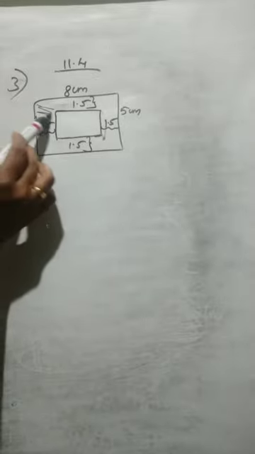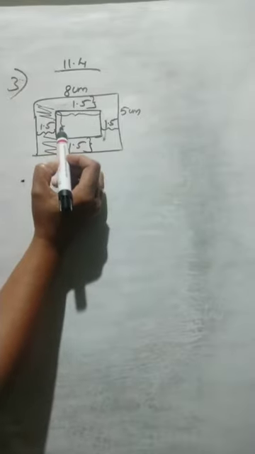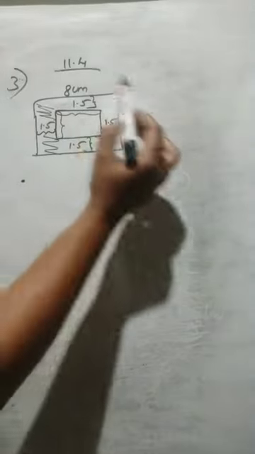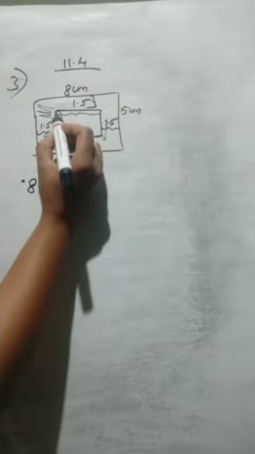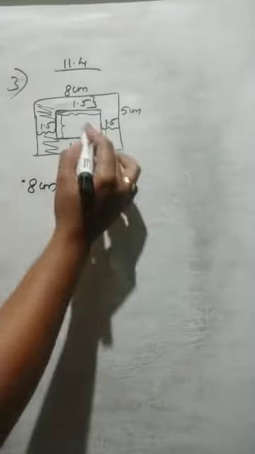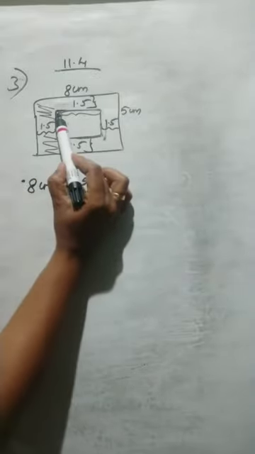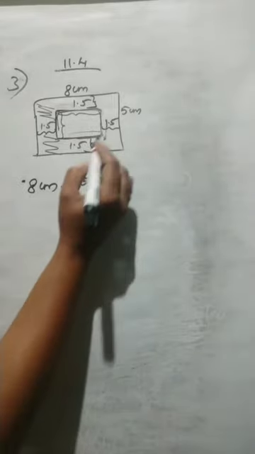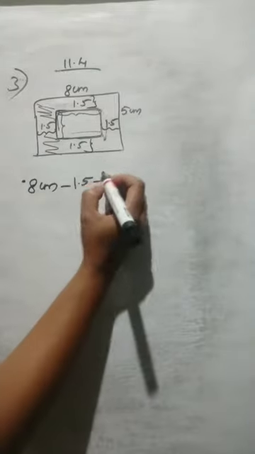We have to find the area of this margin, but first we have to find the length here and breadth here. How can we find it? Total was 8 centimeter. Then to the right side they increased 1.5, so we can reduce, because we have to know the length of the inside.